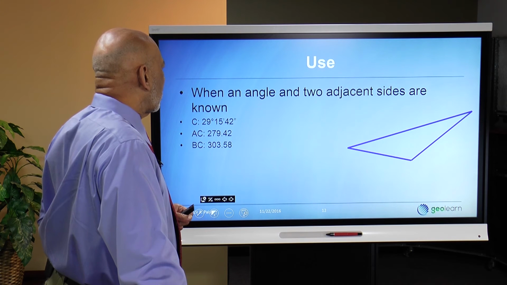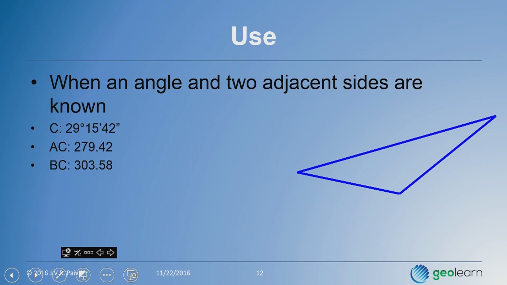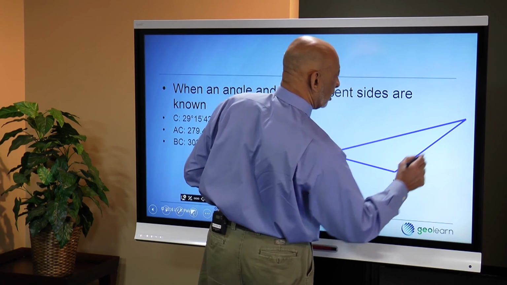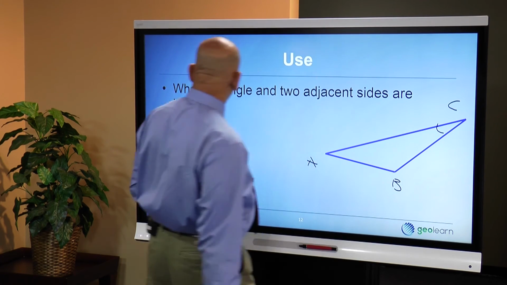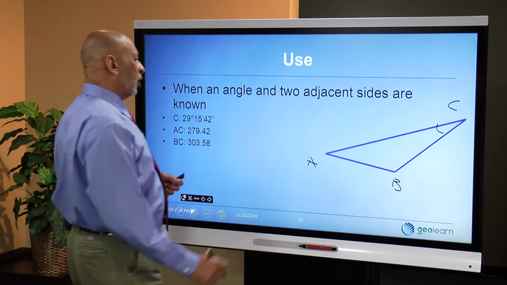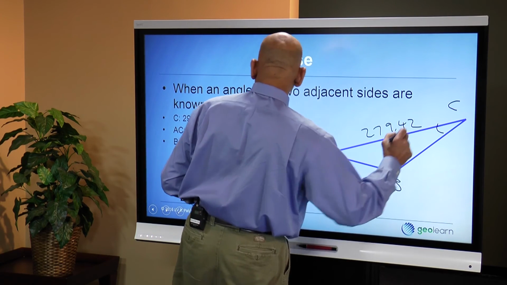So here's the typical use: when you have an angle and two adjacent sides, that's the most common way it's used. In this case, angle C is known, and in my sketch I call this A, this B, and this C. C is known, it's 29°15'42". AC is known, that's 279.42.